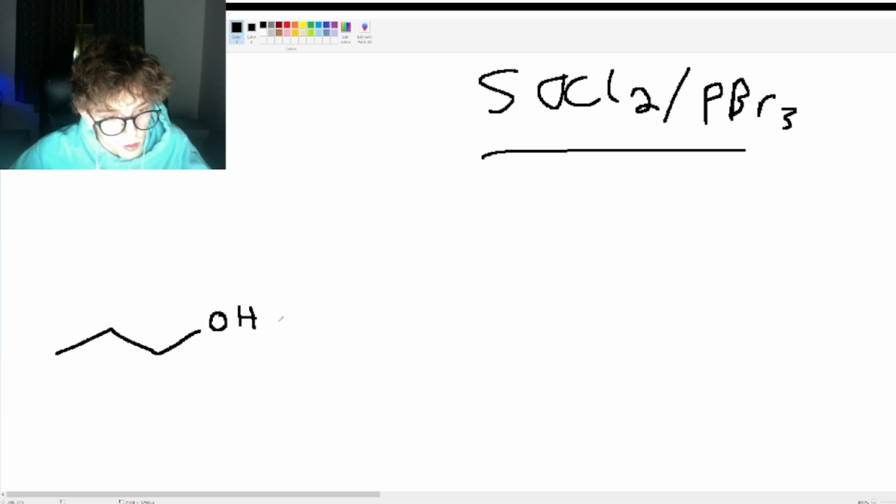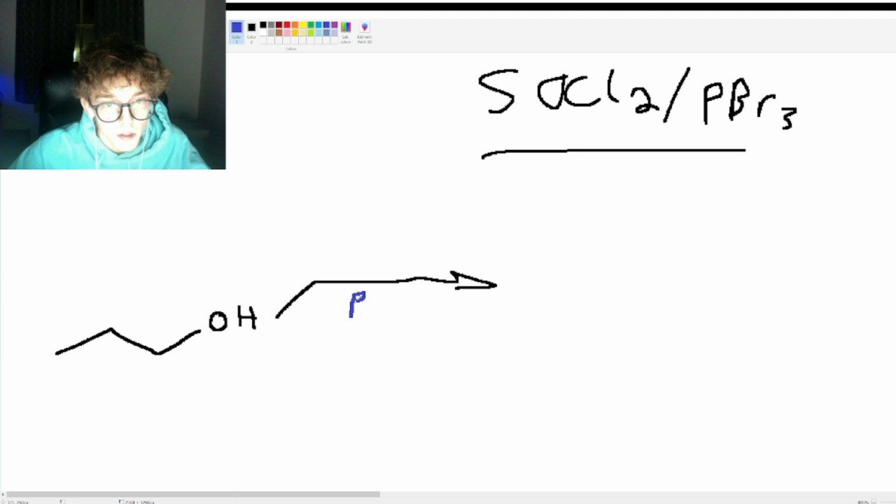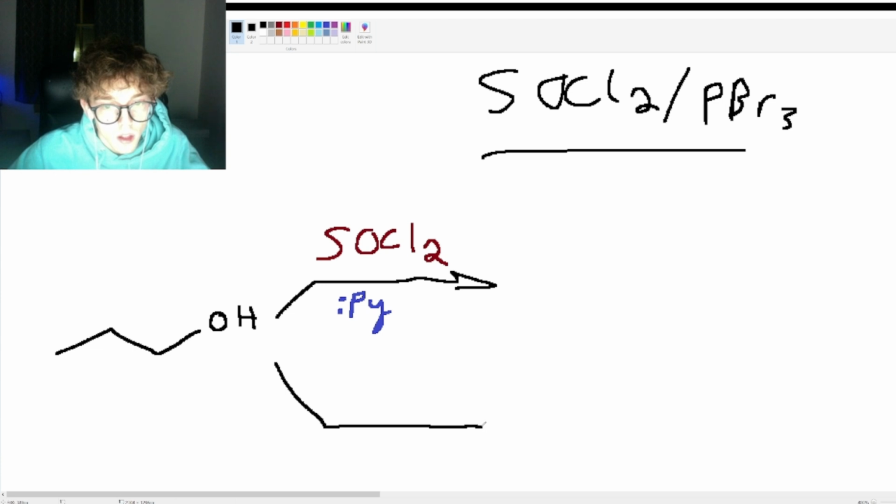A primary alcohol works fine. And you need to use a base, so we're going to use our pyridine base. Alrighty, and we're going to use our SOCl2. And same thing here, but no pyridine for that.